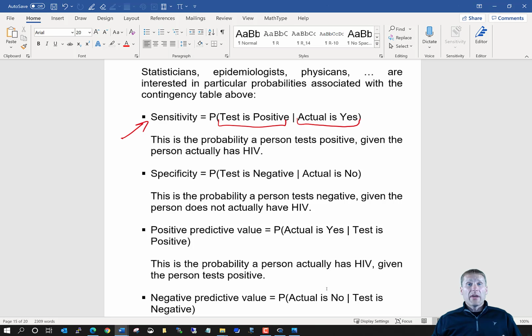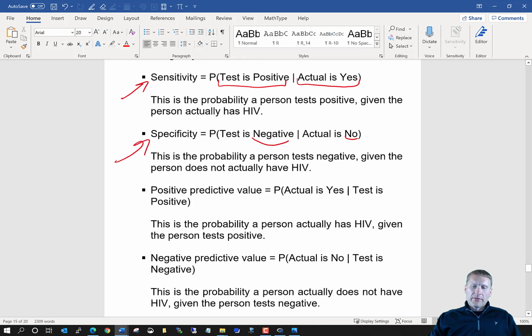We want this to be as high as possible. So given that you truly have it, we want the probability that the test detects it to be as high as possible. Also, there's something called the specificity, which is exactly the same as the sensitivity, but now we are talking about a negative test given that you are truly negative.